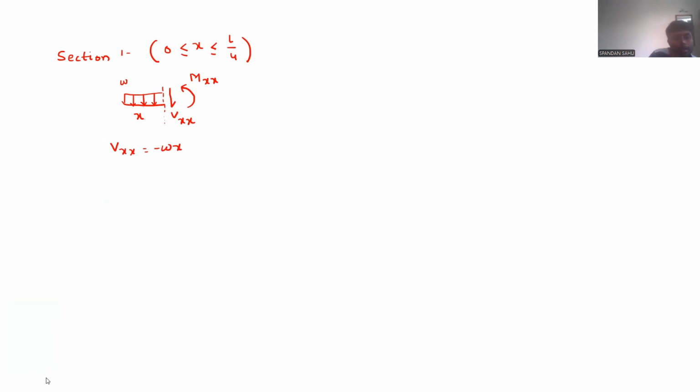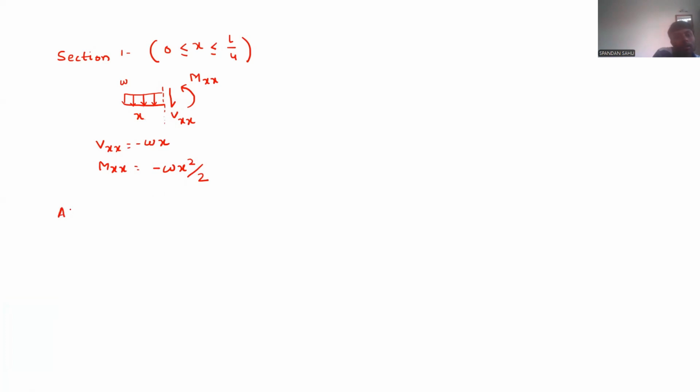Minus W into X is the Vxx. Now Mxx will be equal to minus W into X is the total load, and what will be the lever arm? It will be X by 2. So minus W X square by 2. Correct?